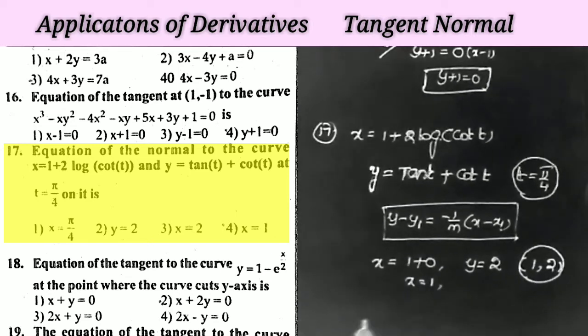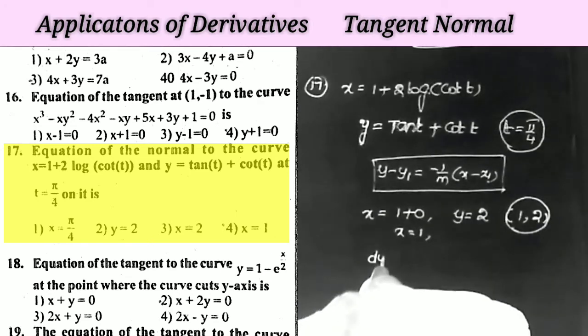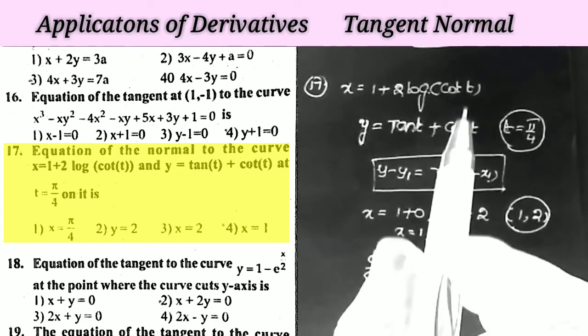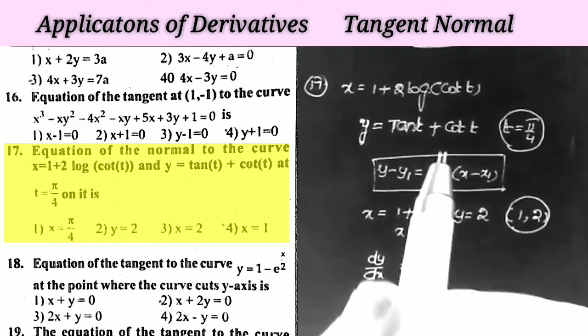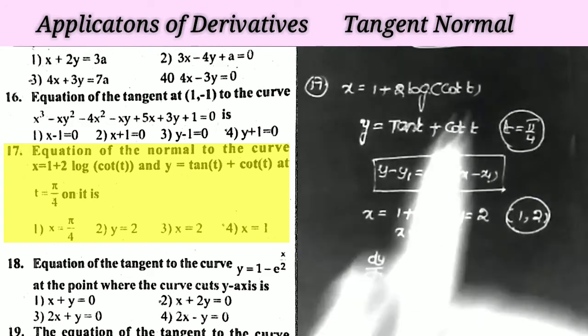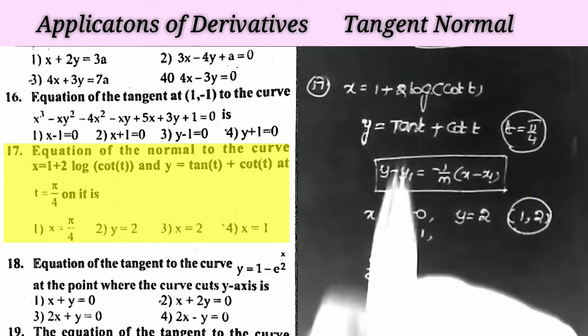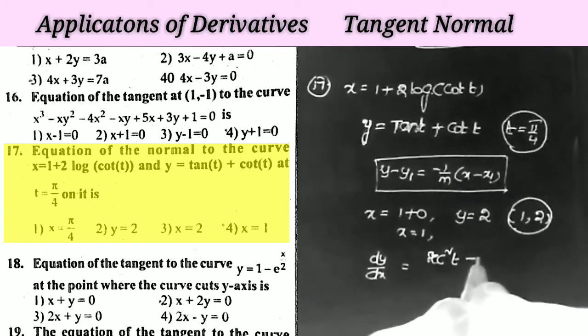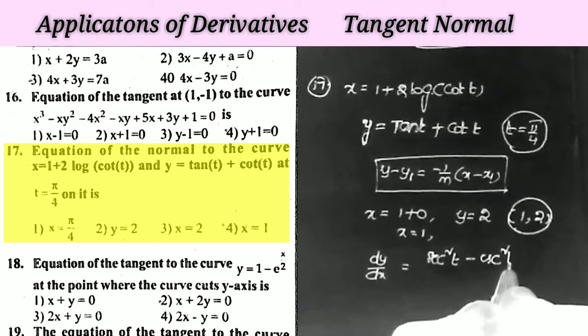Now we want the slope value, by doing the derivative dy by dx. What is the dy by dx formula? Here we have two equations in terms of t, so dy by dx is dy by dt divided by dx by dt. What is dy by dt? Tan t derivative is secant square t, and cot t derivative is minus cosecant square t.